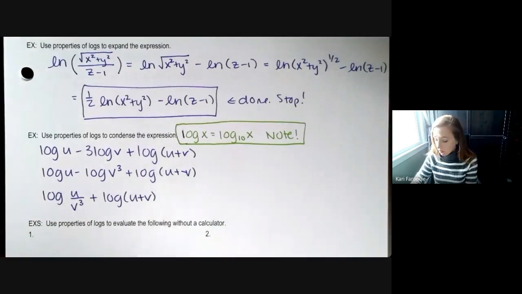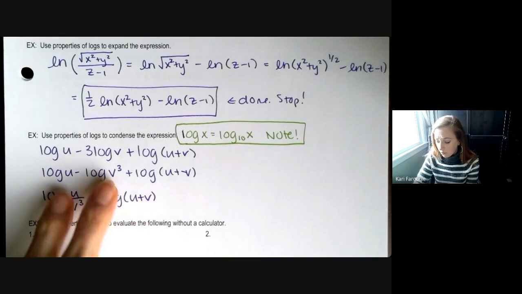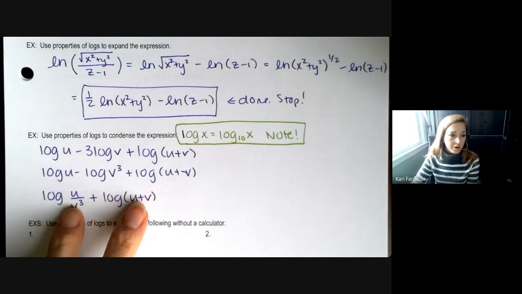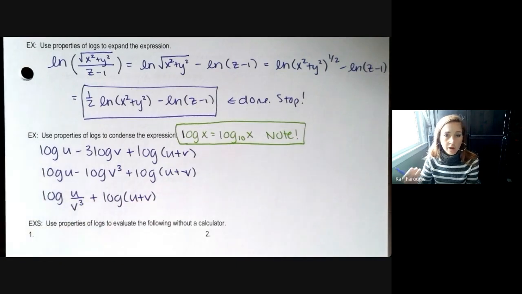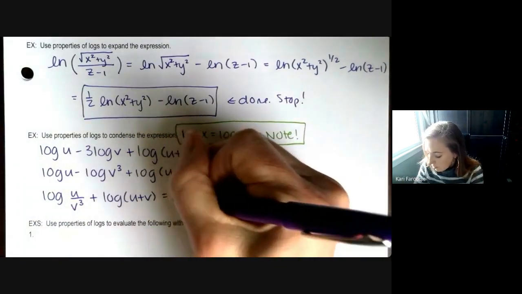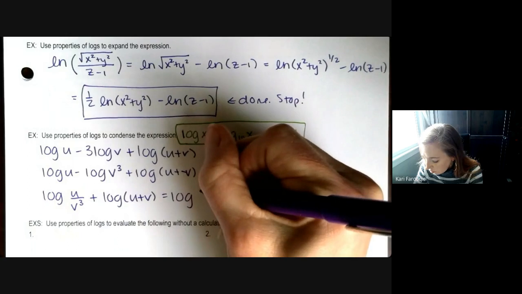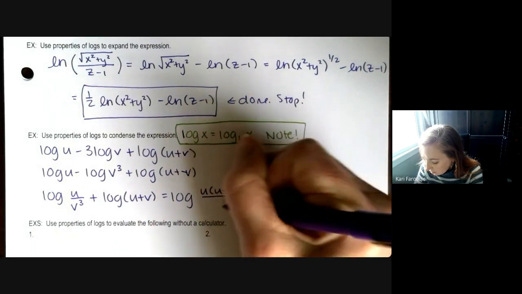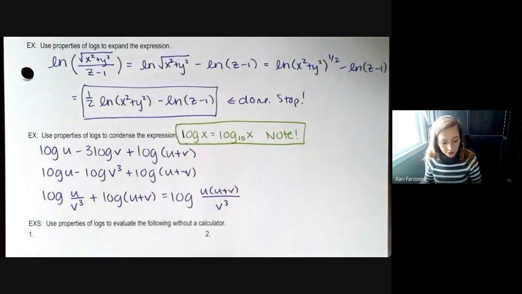And now we can combine these two logarithms. The first two we combined using a quotient, and the next two use addition between them. So we'll combine them using a product. So this will be log of u times u plus v, divided by v cubed.